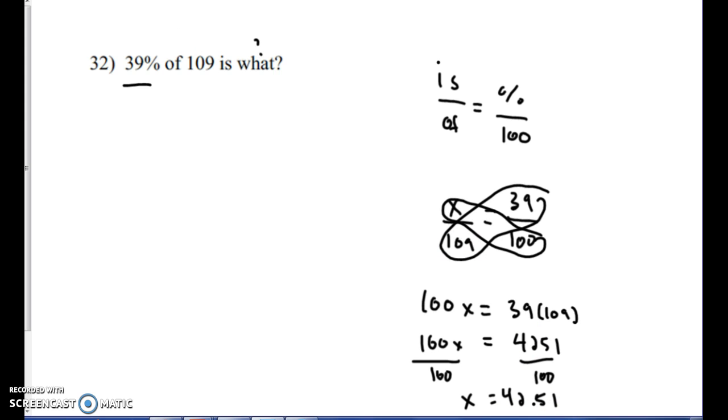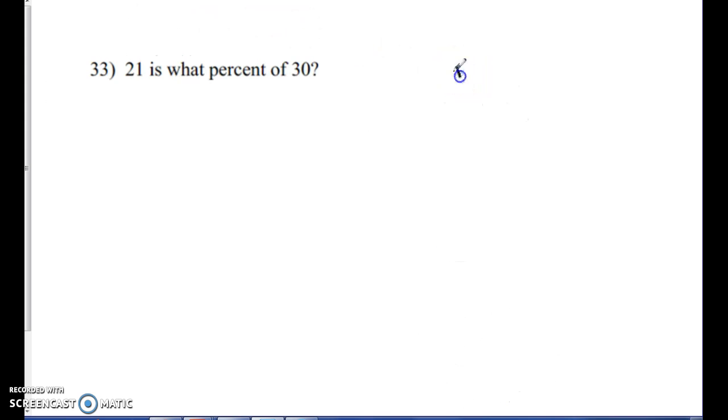Try a couple more with you guys. Is over of equals percent over 100. All right, so what percent? I do not know my percent. X over 100. 21 is going to go where the is.